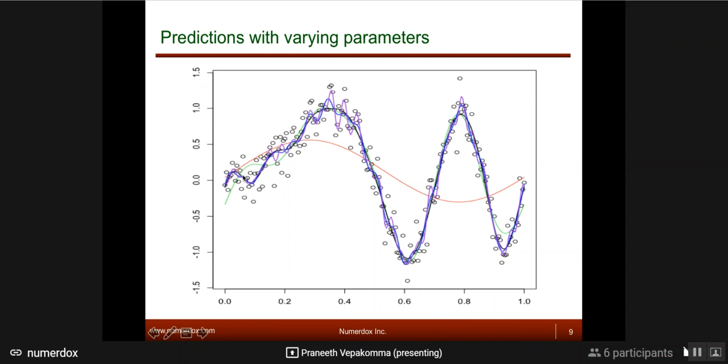So there are different colored curves and lines in here, basically curves. If you see the violet curve, the purple one, it's trying to go through most points in relation to the other curves, right? It's trying to fit even more than it could. Of course, it missed a few, but it's trying to fit a lot more than the others. Then there is the black and then the blue.